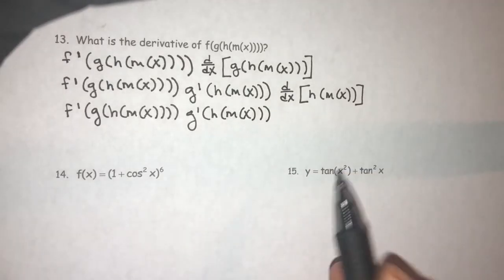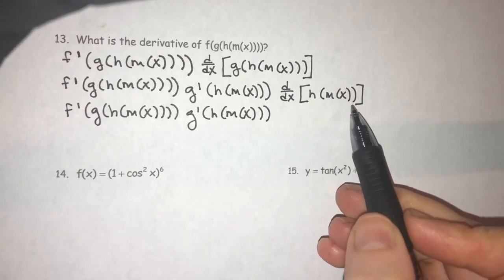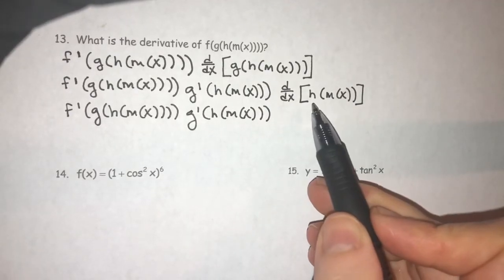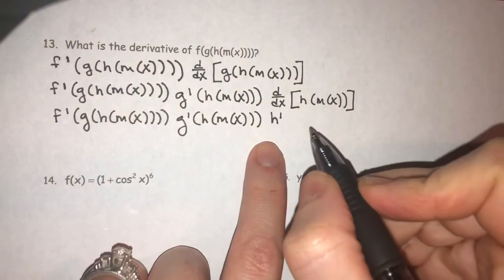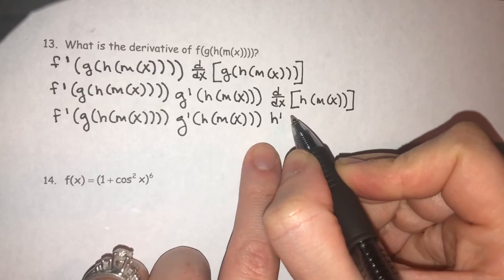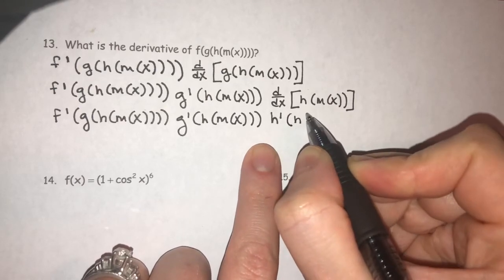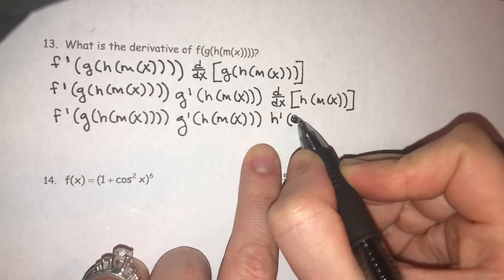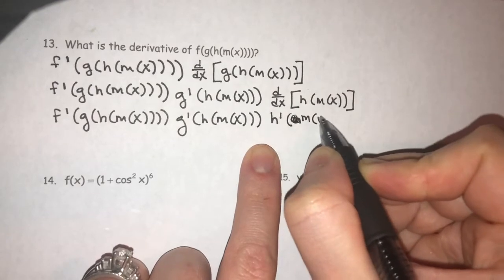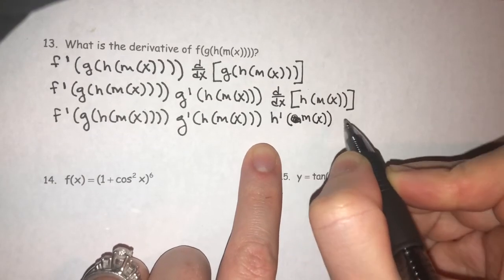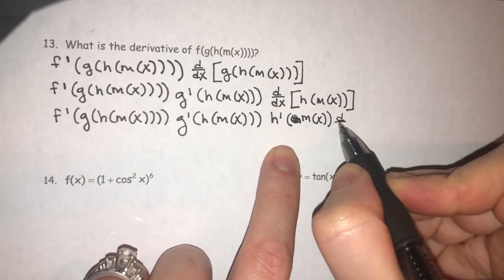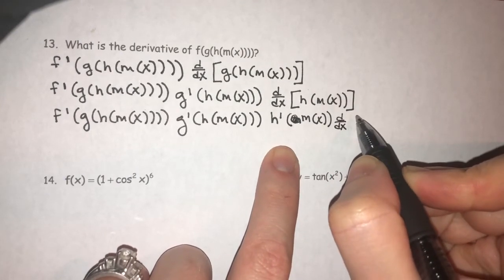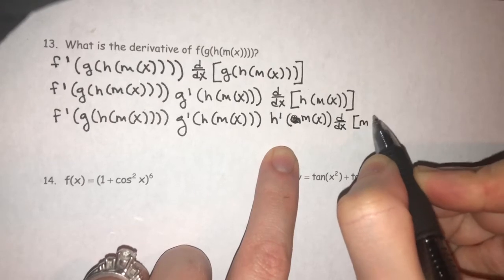And now we're going to take the derivative of h of m of x. So the derivative of the outside function. Okay. Copy the inside function. Oops. And then we're going to multiply by the derivative of the inside function, m of x.